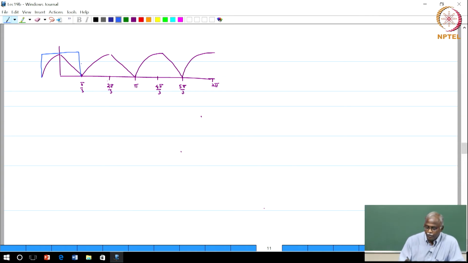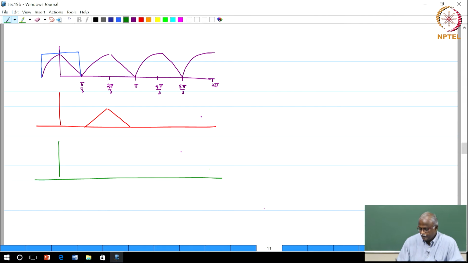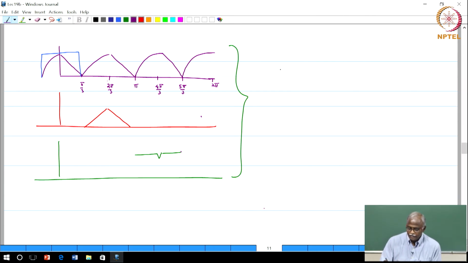Likewise, if you look at the other 2 branches as well, then what we get is, in the second case you will get this portion of the spectrum, second branch. The third branch, the portion of the spectrum that gets retained is from here, and so if I add the 3 together, the combination of these 3, then the signal that we get is a signal that looks like this, from minus pi by 3 to pi by 3.